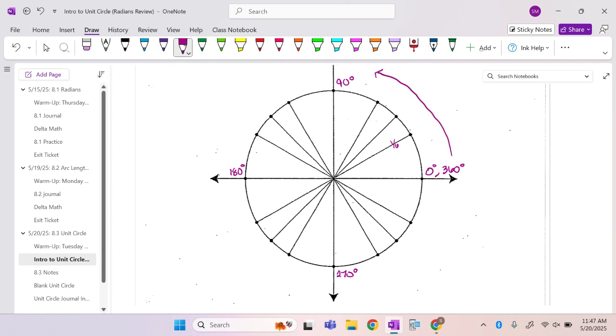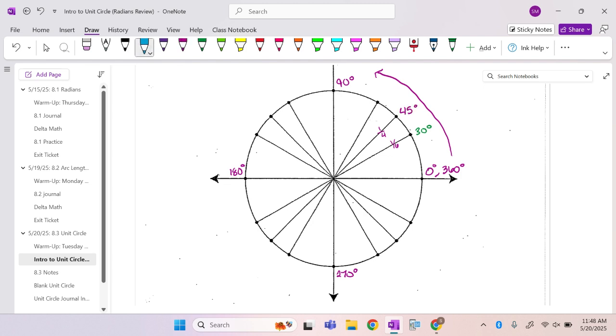We're still going around. So 1/6 away is what? 30 degrees. Now, what's the next smallest? 1/4 or 1/3? 1/4. All right. So if we have 1/4, what's my first fourth away from 0? 45 degrees.